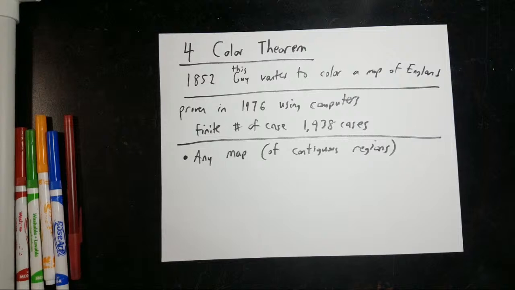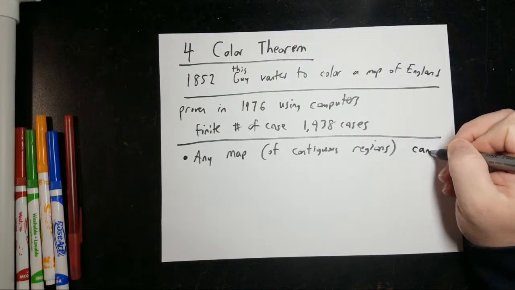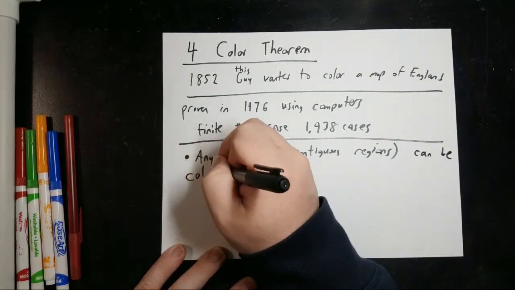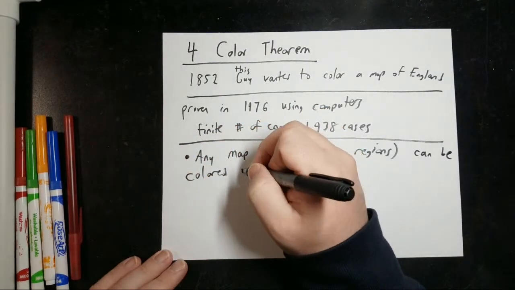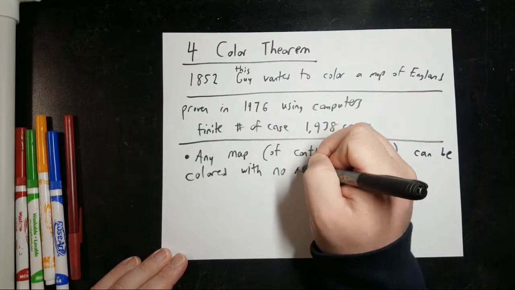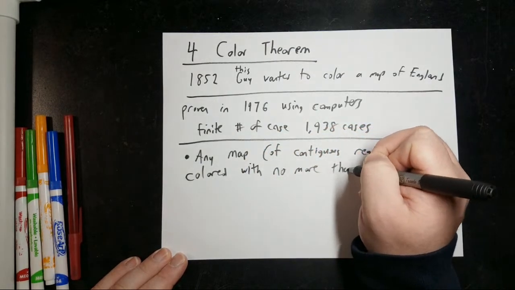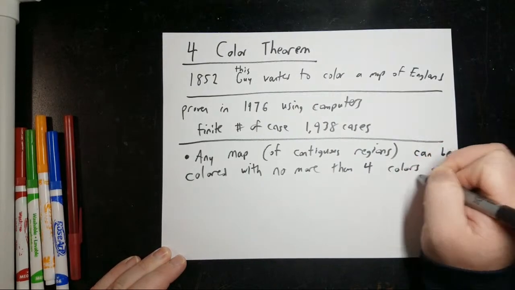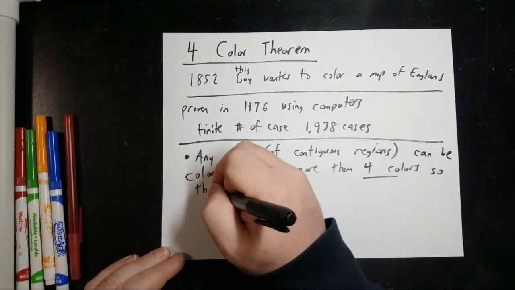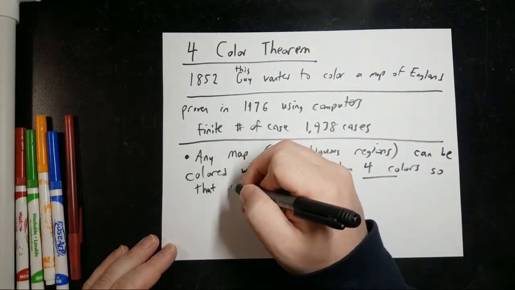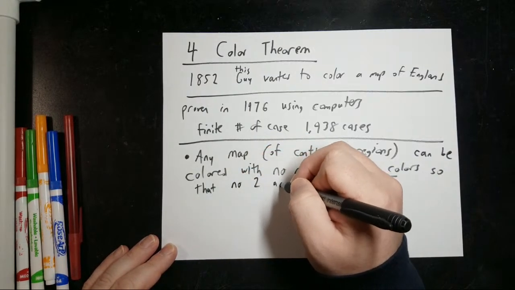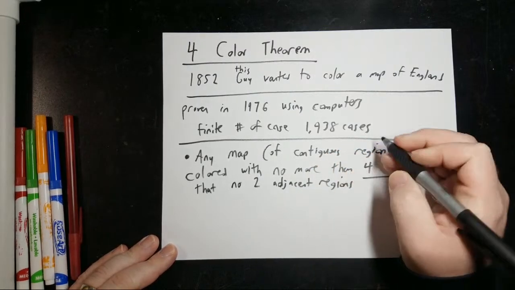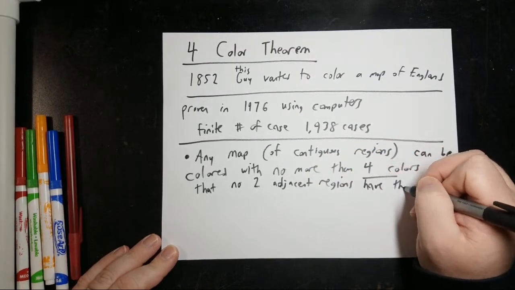But any map of contiguous regions can be colored with no more than four colors so that no two adjacent regions have the same color.